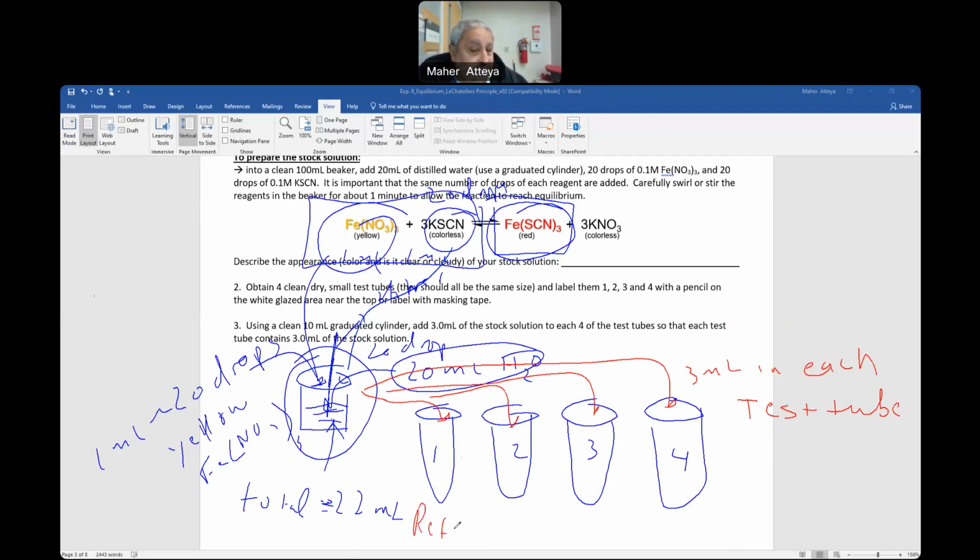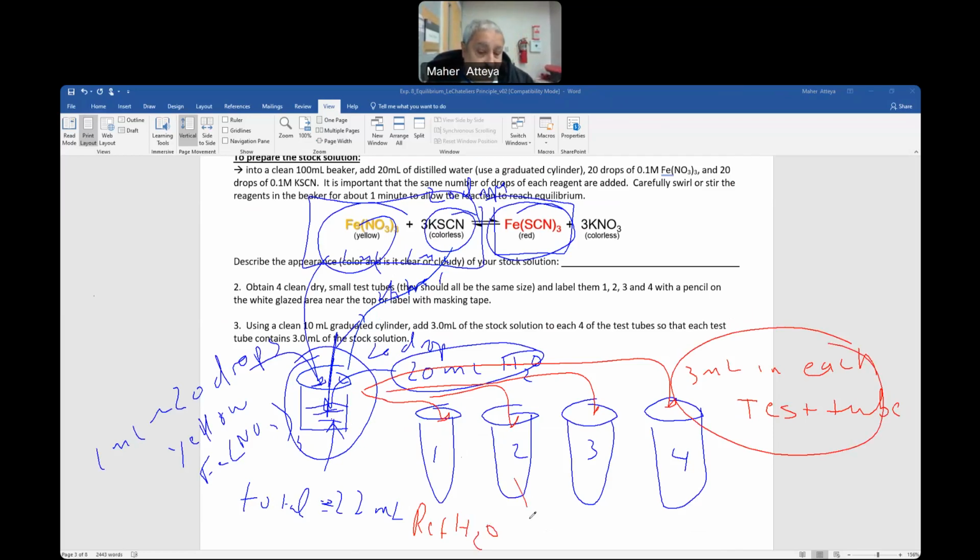So in number 1, you will add just distilled H2O. So you have 3 mLs of the mixture here for each one. The first one, you will add 20 drops of H2O. So the reference here, you'll add H2O, about 1 mL, 20 drops.